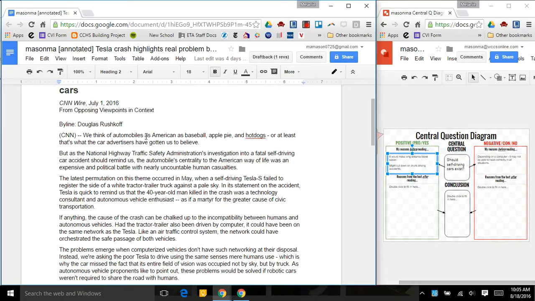So looking at the first paragraph, he seems to initially start off very negative here. He says, or at least that's what advertisers have gotten us to believe. So he's kind of attacking car advertisers and car companies here. He thinks that in some way they have tricked us.